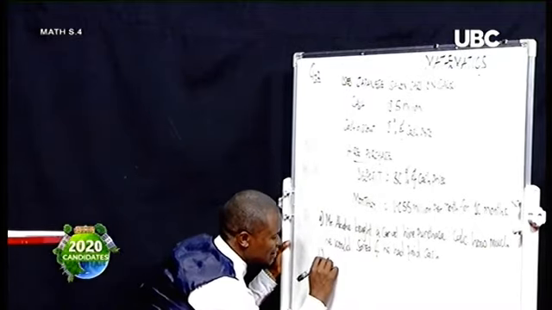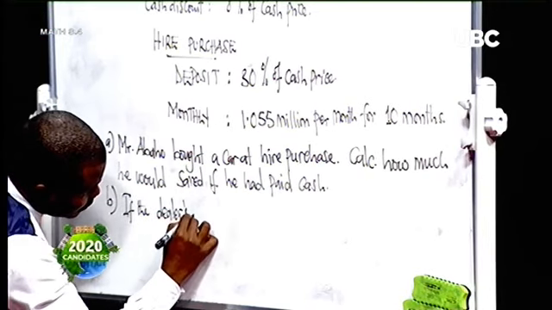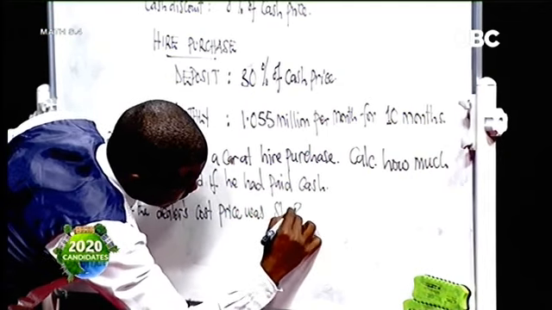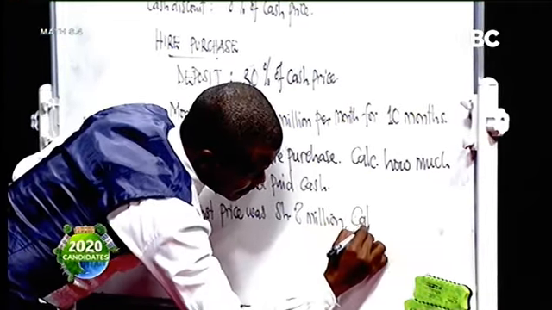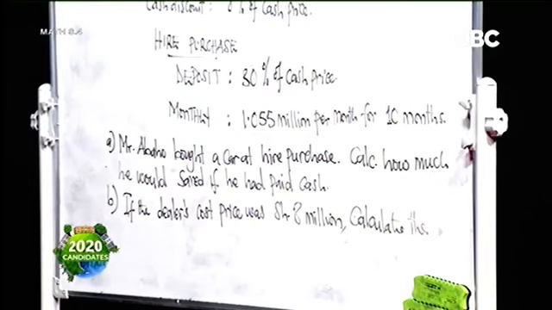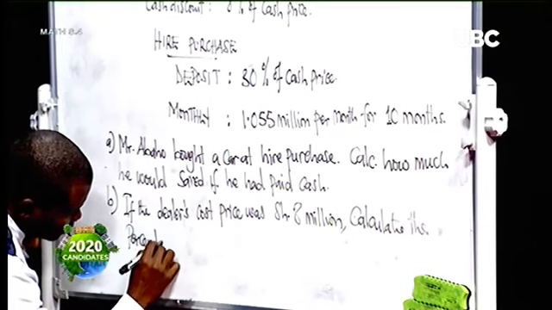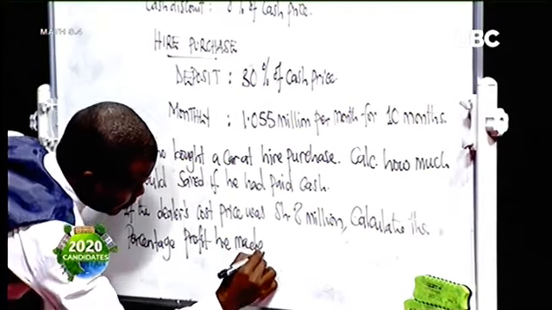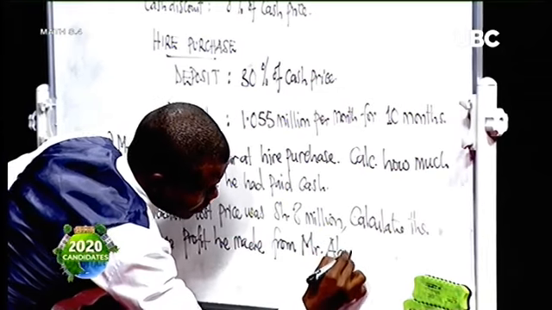If the dealer's cost price was shillings 8 million, calculate the percentage profit he made from Mr. Abaho.